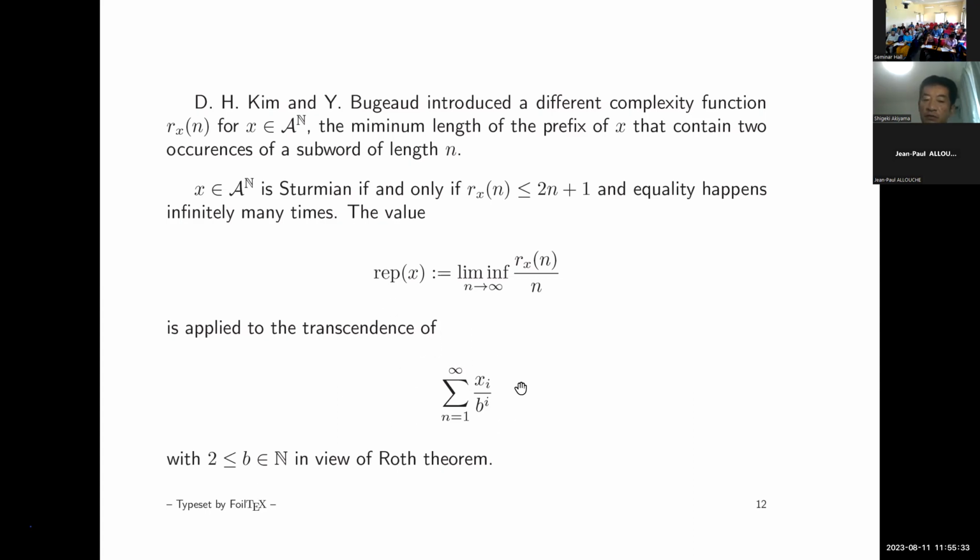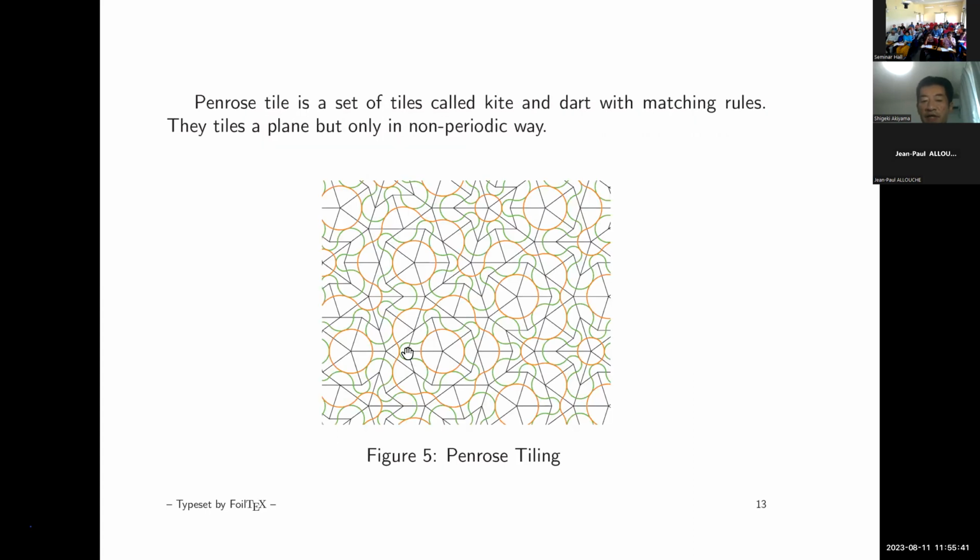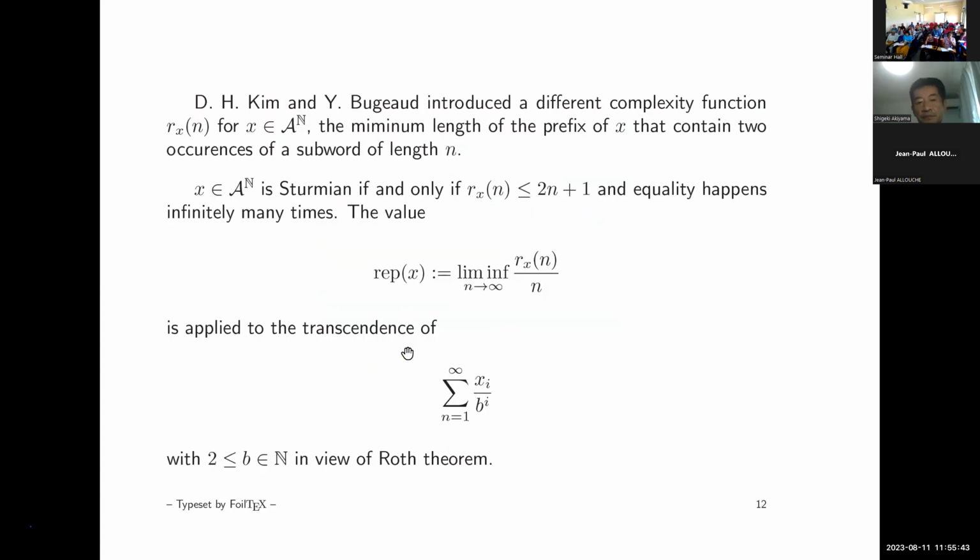This good rational approximation gives you some result on the irrationality measure of this number, and sometimes one can show transcendence. So the Sturmian word appears very nicely in this framework.